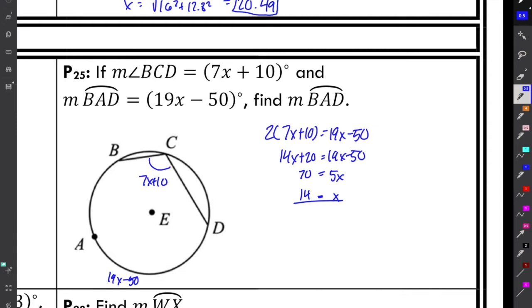So plug into our formula for BAD. We plug in 14 for x. So 19 times 14 is 266 minus 50. So the measure of arc BAD is 216 degrees.